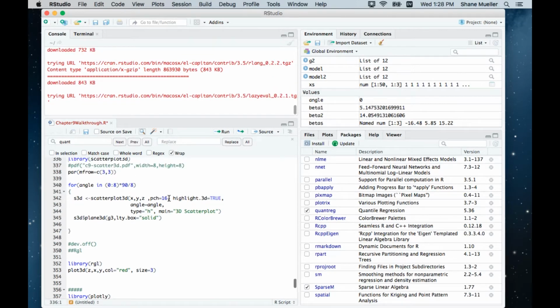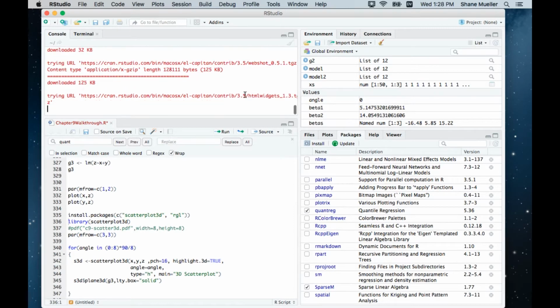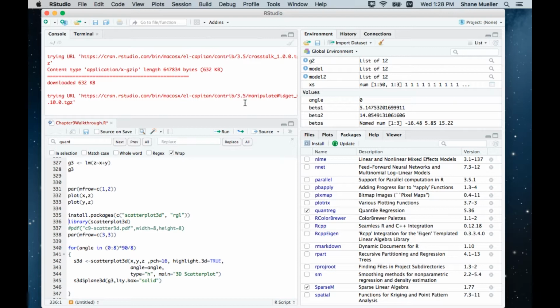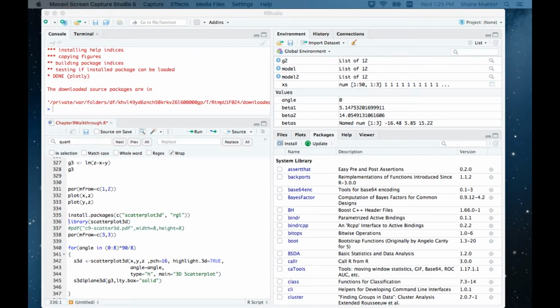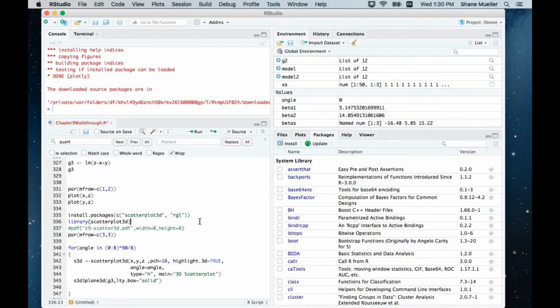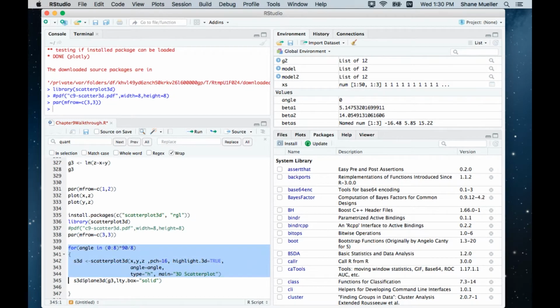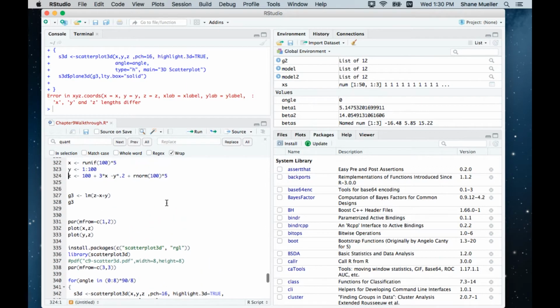Even rgl and scatterplot3d are taking a lot of other packages, Shiny, Crosstalk. I think I'm reinstalling everything. Let me pause until this is finished. All right, I've installed scatterplot3d, rgl, and Plotly, and so we'll load each one of these when we use it. But scatterplot3d makes a nice 3D scatterplot, and I've got to make sure I load these right.